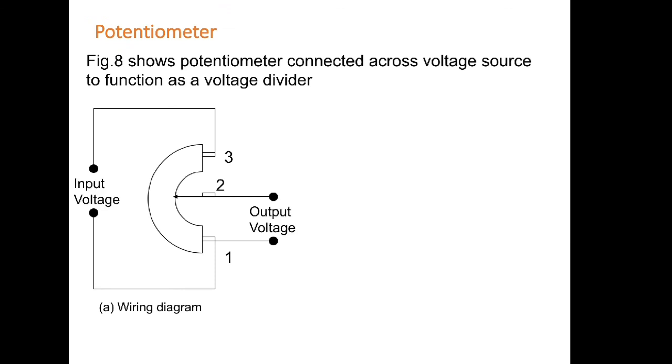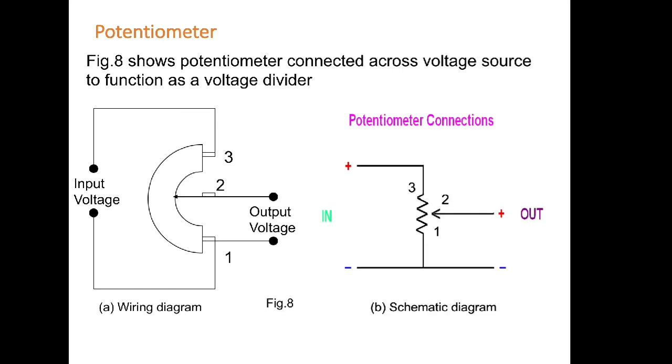You can observe in this figure, it is input voltage and it is connected to the terminals 3 and 1 as fixed, and the output is connected to the terminals 2 and 1. So to vary the output voltage, terminal 2 is varied in such a way from 1 to 3. When it is exactly in this position, half of the voltage is obtained at the output terminals as shown here.